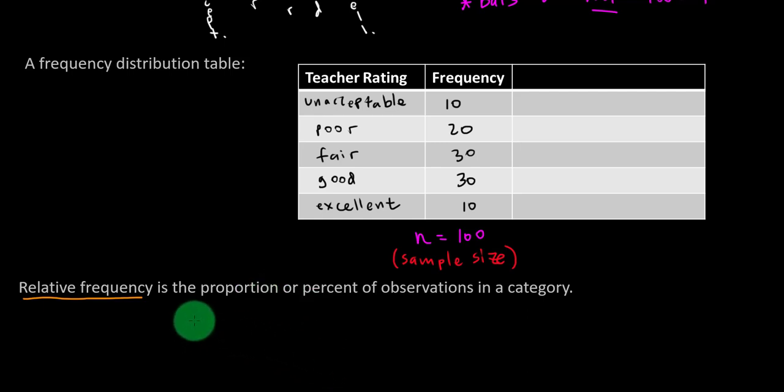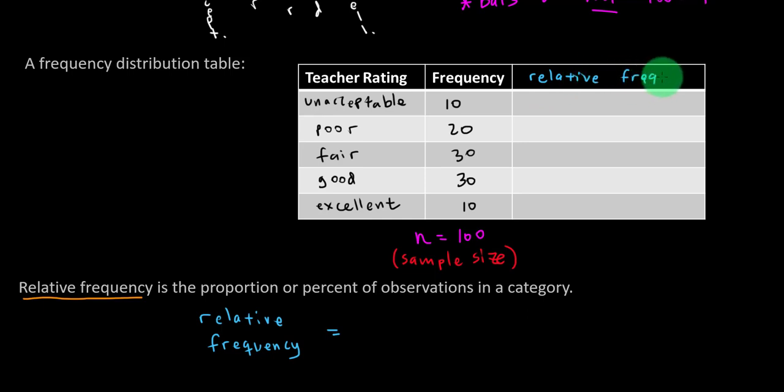Now I'm going to dish out a formula here, but before I do so, I want to see if we can actually figure out these relative frequencies without the formula in our face. Can we intuitively figure these out? And I'm also going to put those over here into our table.